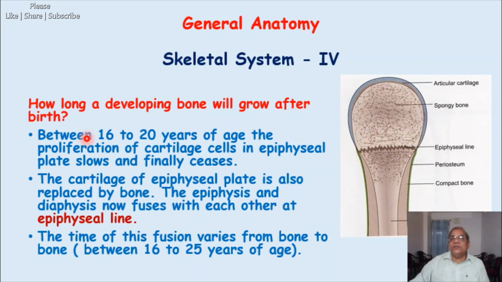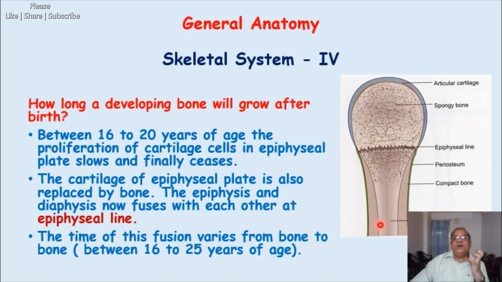The fusion between the epiphysis and diaphysis takes place at a line which can be seen in adult bone, called the epiphyseal line. Once the epiphyseal line has appeared, that means fusion has taken place between the primary center and secondary center bone, and then there will be no further growth in length.